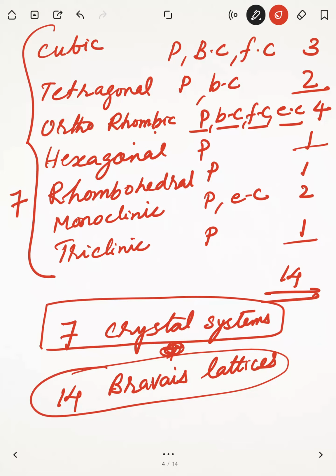Okay, so there are 2 types of unit cells, primitive and centered. Next we are going to see the number of atoms in a unit cell. In cubic, that is simple cube, body centered and face centered.